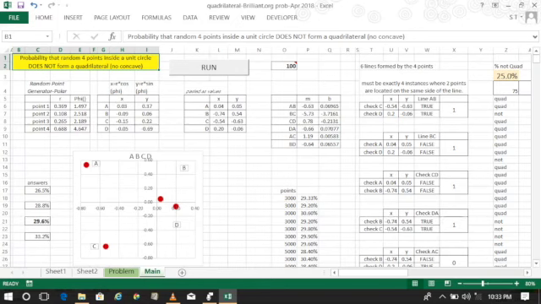Hello, today we're going to go over my Excel simulation for four randomly generated points in a unit circle: the probability that those four points do not form a quadrilateral. And we don't count a concave quadrilateral.